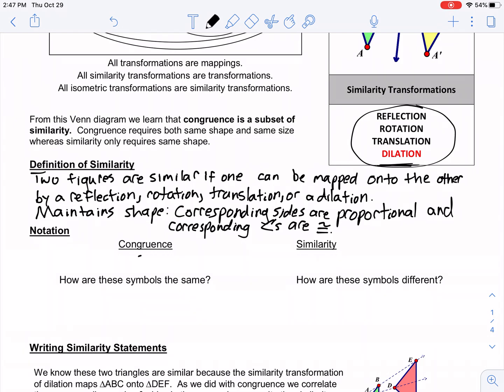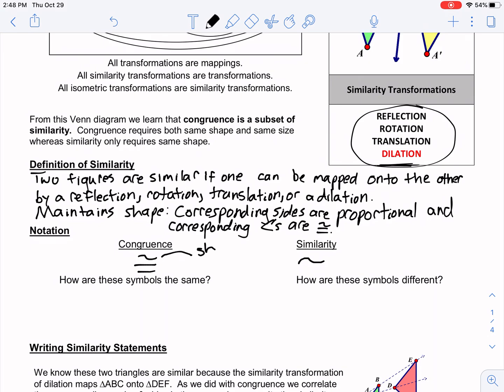Now, we've talked about congruence before. The symbol we use for similarity looks like this. Notice the symbols are pretty similar here. The only main difference is we don't have the equals underneath. So if we think about what we talked about with congruence, that meant that they looked alike.